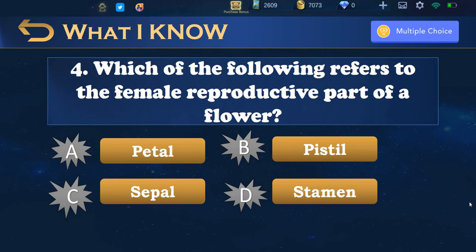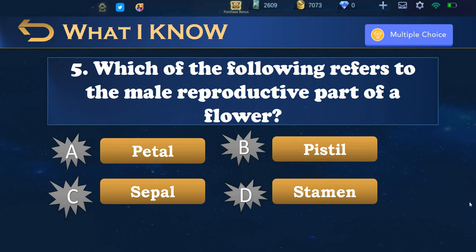Number 4 question. Which of the following refers to the female reproductive part of a flower? Is it A, petal, B, pistil, C, sepal, D, stamen? Go. Time is up. The correct answer is letter B, pistil.